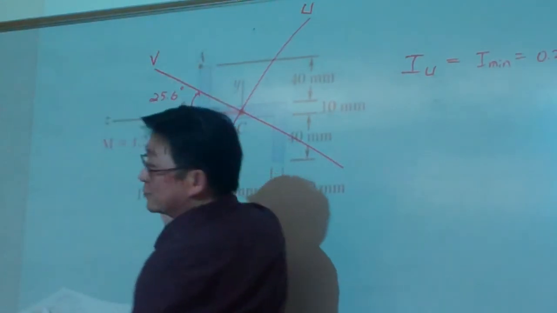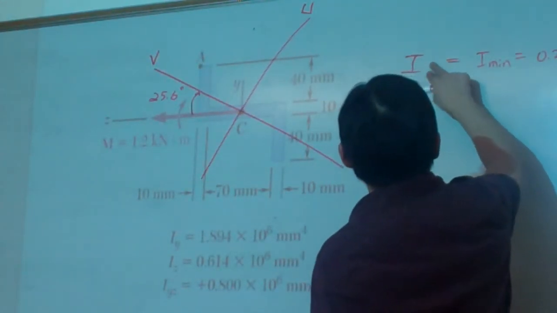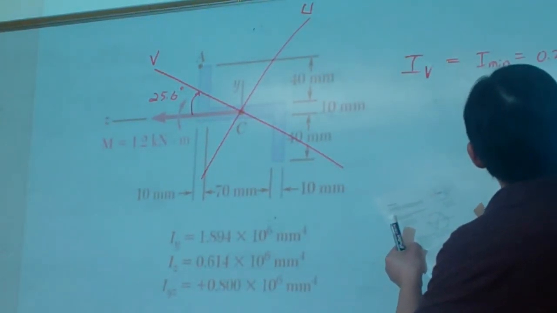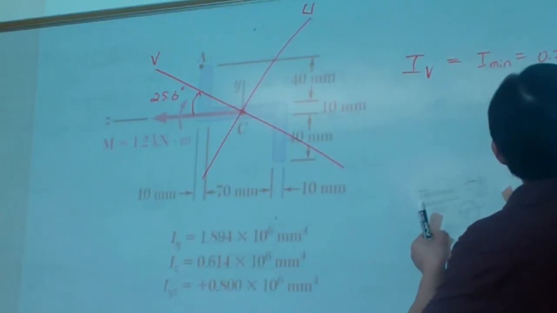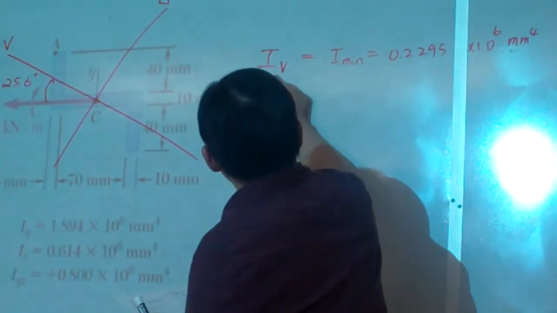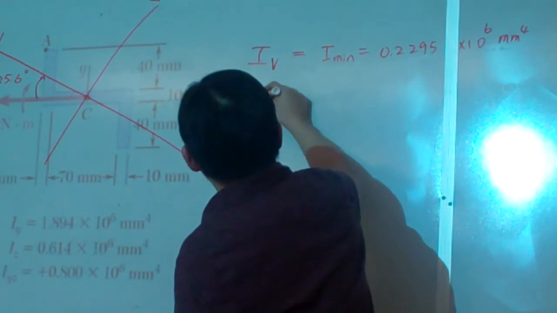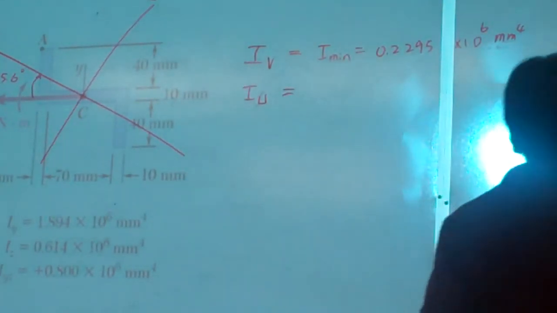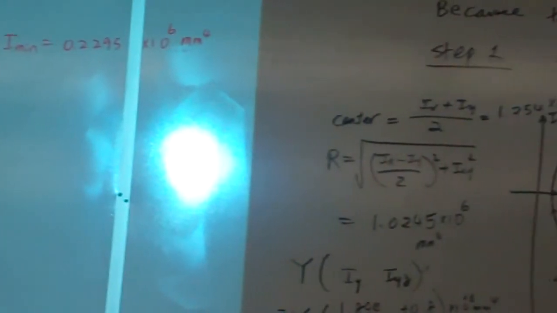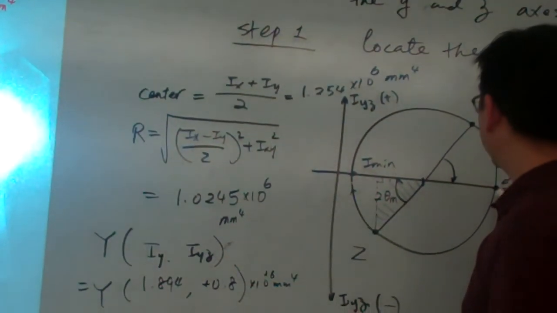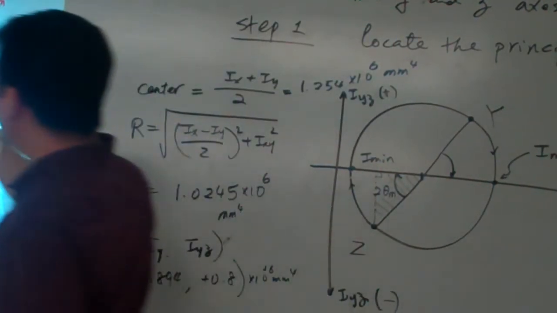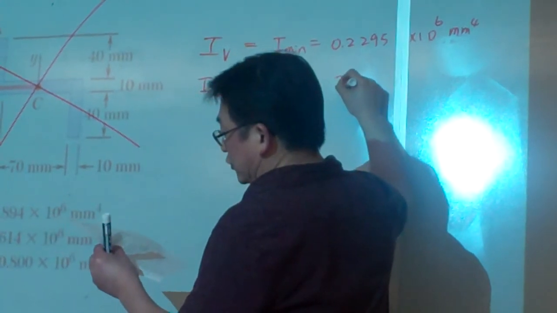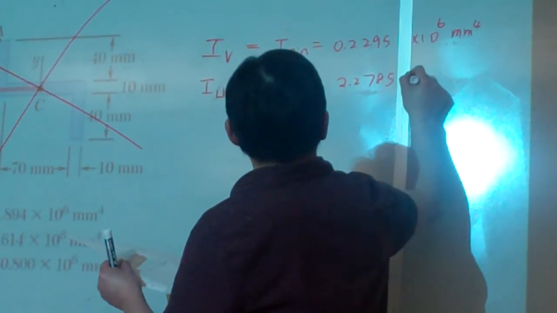So hopefully it won't confuse you. Sorry about that. And Iu, the moment of inertia with respect to the U axis: you can see the original Y axis moving to here. So that means this corresponds to I maximum, and this one is 2.2785.